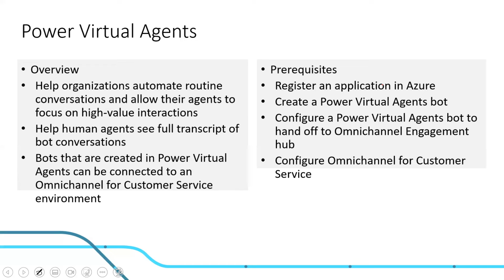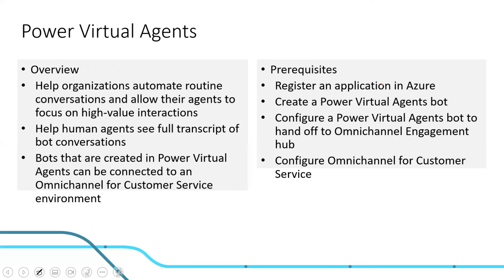But if the bot needs to transfer the call to a real-time agent, that option is available. They can transfer the call to the omni-channel agent using the omni-channel scenario. For configuring that request, there are some prerequisites that need to be completed first. So what are the prerequisites? The first is to register an application in Microsoft Azure. Then we need to create a Power Virtual Agent bot.